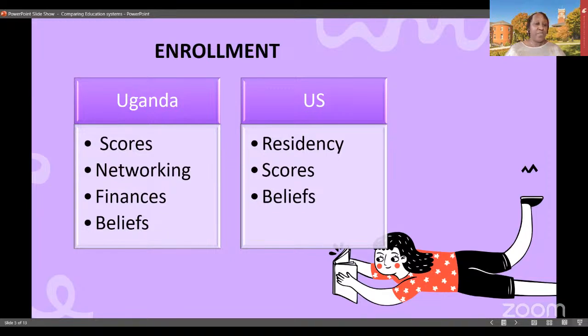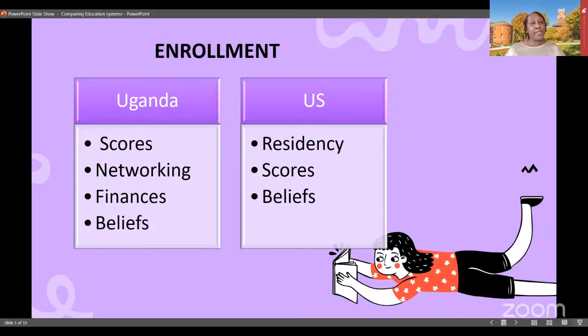Sometimes, even with the scores, if you do not have any networking, you may not get in. If the cutoff was 8 and you didn't know anyone, you won't get in. That was my experience when I was going to secondary. I remember I had 8. My first choice school didn't take me, yet they took some people who had 8. Well, I went to the second choice school because I knew no one. My parents knew no one there.